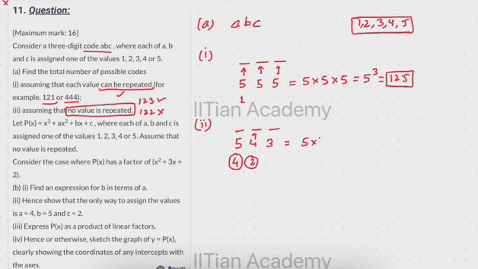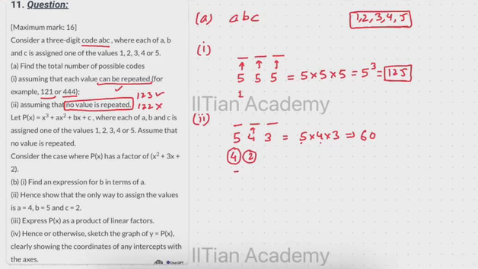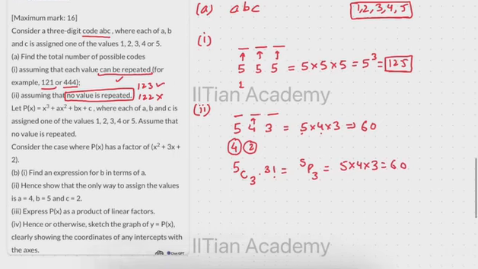So the answer would be 5 multiplied by 4 multiplied by 3, which is 20 into 3, 60. Or you can say that we choose 3 of these numbers and then rotate those 3 in 3 spaces, which is the same as 5P3, which is 5 into 4 into 3 equals 60.